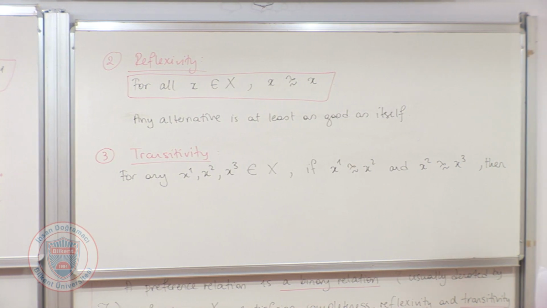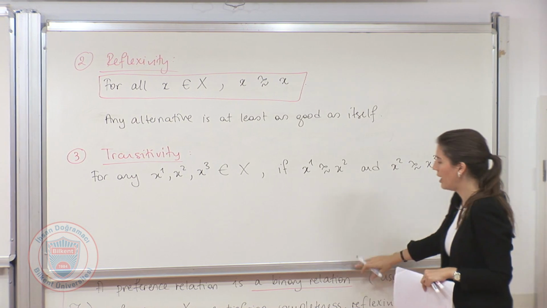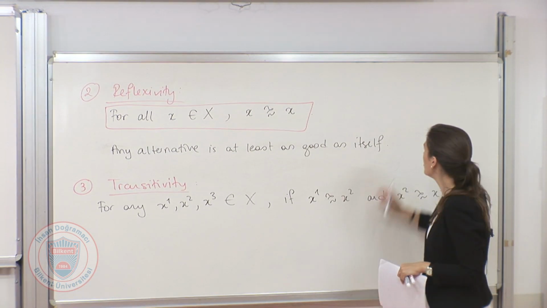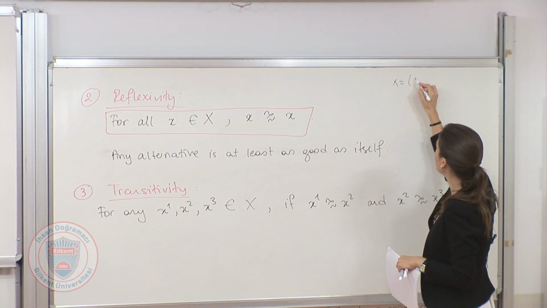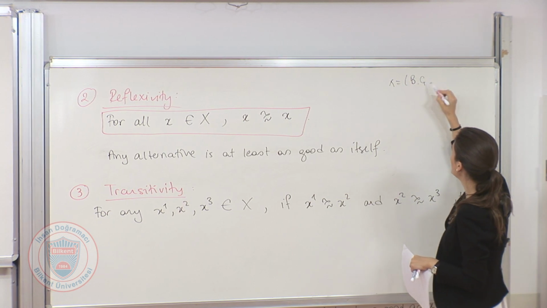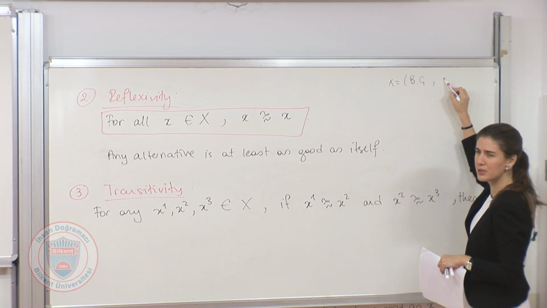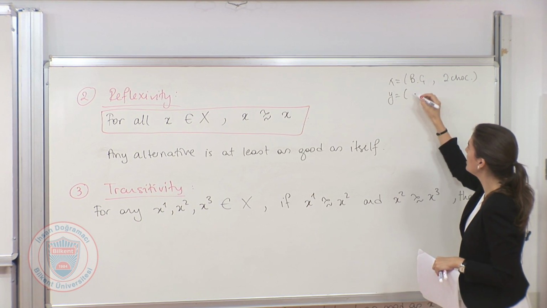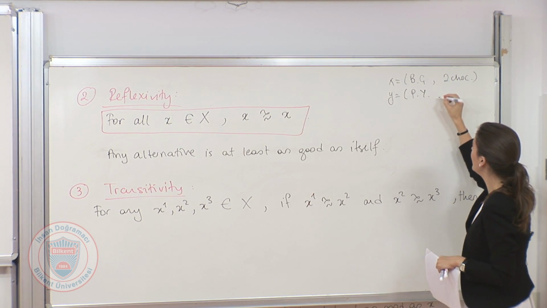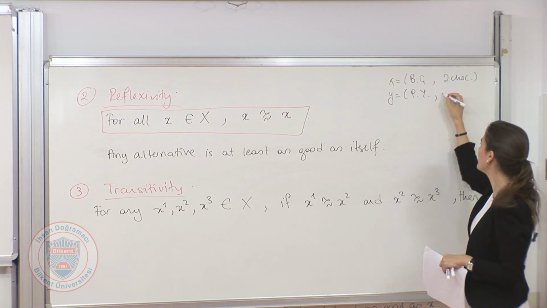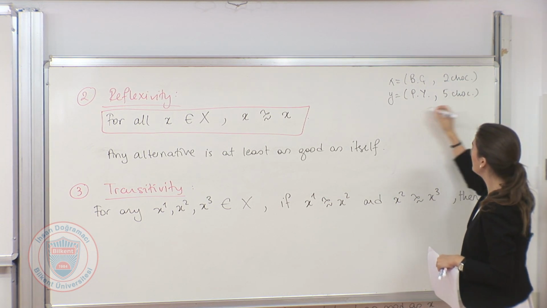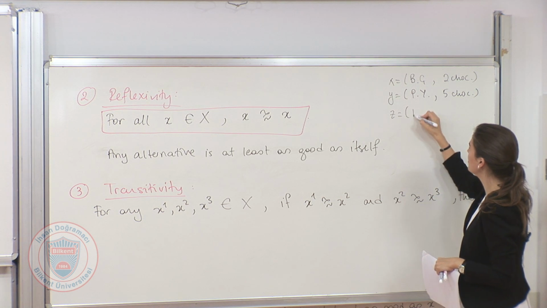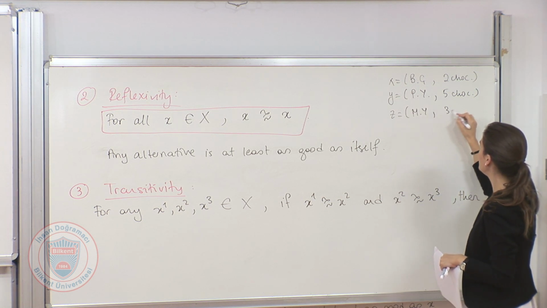I erased our choices, so let me write down here. Remember, X was Behzatçe, 2 chocolate bars, and we had Y, which was Pis Yedili, and 5 chocolate bars, right? And then we had Z, this was Muhteşem Yüzyıl, 3 chocolate bars.